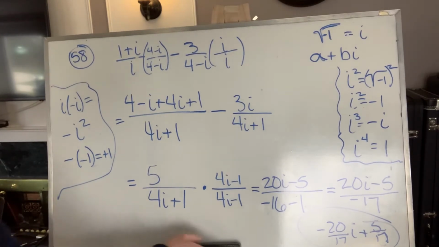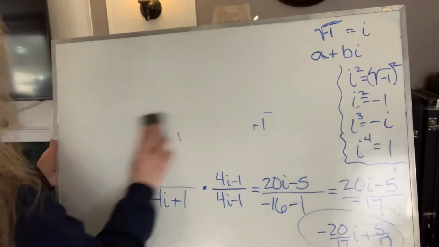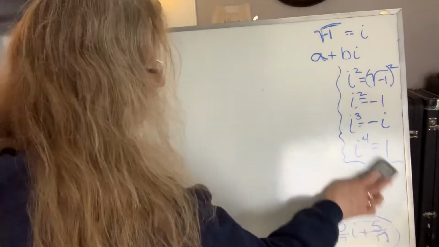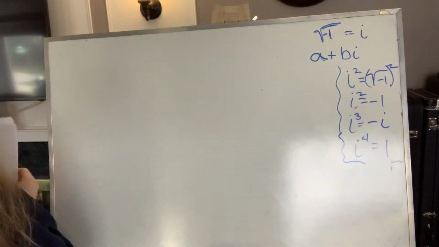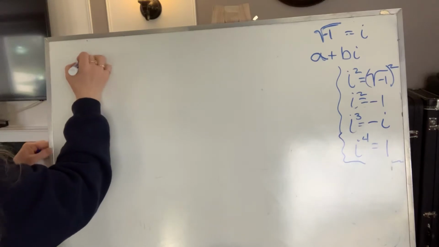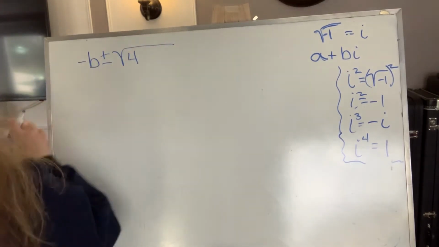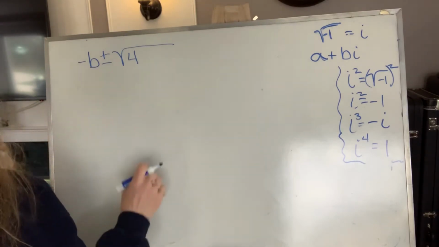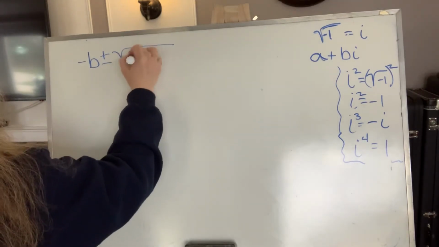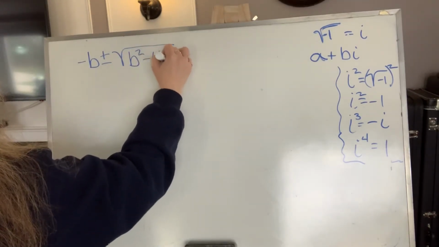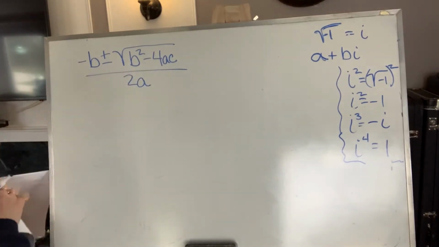Let's do one of these where we use the quadratic equation, and we're going to end up with something that has an i in it. Okay, so what's my quadratic equation? Negative b plus or minus the square root of b squared minus 4ac, the whole thing over 2a.